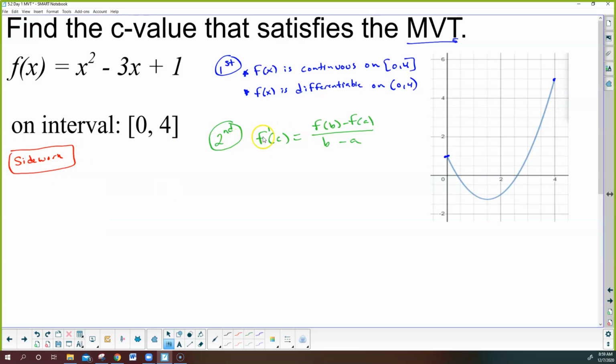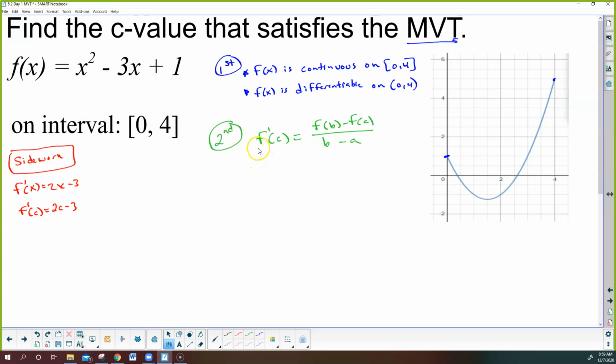Okay? I need to find the derivative at C. Well, the derivative is very friendly. So we're just going to take the derivative of the function, but then I want it to be at the value C, so we're just going to call it C instead of X. Now I will note, you do not have to show this side work.